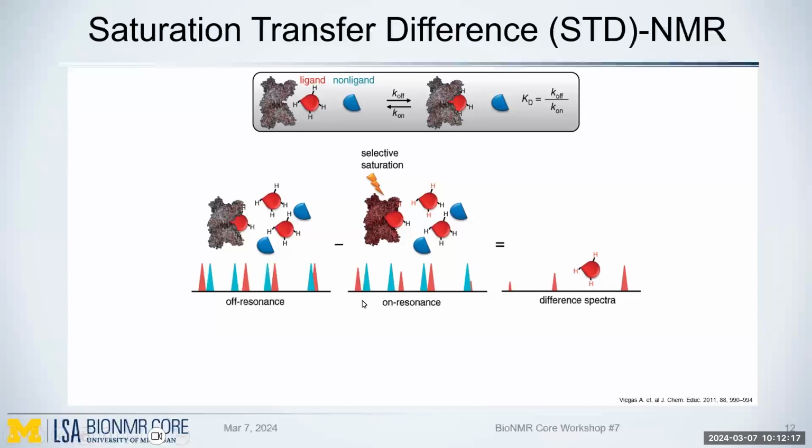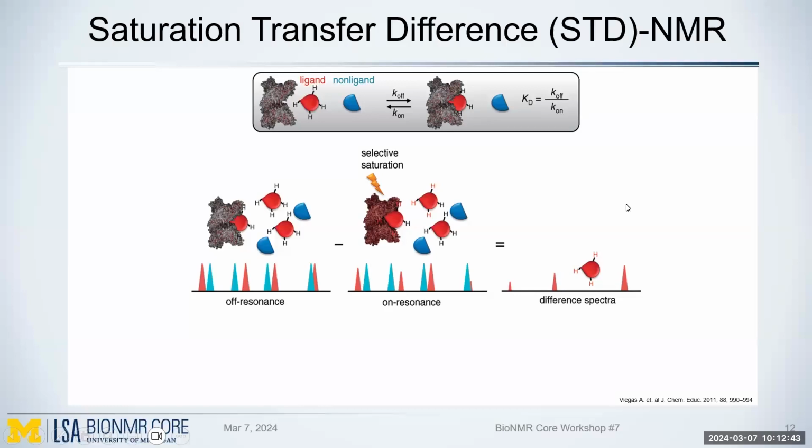In the on-resonance spectrum, the ligand peak intensity decreases and the non-ligand peak intensity remains the same. And then finally, we can subtract the on-resonance spectrum from the off-resonance spectrum and get the difference spectrum. So in the difference spectrum, the signals from the non-ligand just disappear, and what you observe is just the signals from the ligand that binds to the protein.